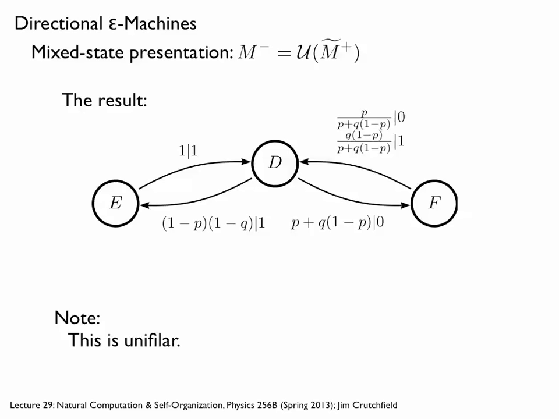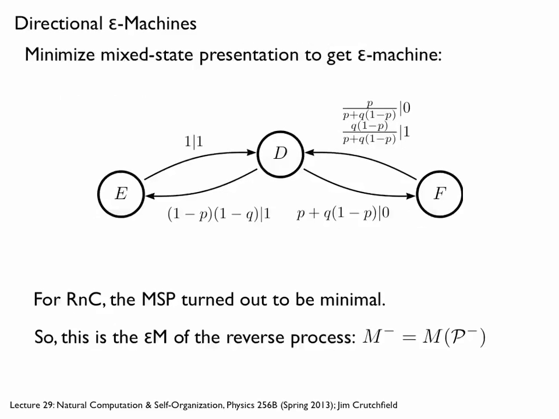It's a unified presentation, and we can go calculate entropy rates and statistical complexities. So they all make sense. So, as I hinted at the beginning, the mixed states turned out to be the causal states in this case, and that's not always true. This happens to be the calculation we just went through. It is the epsilon machine of the reverse process.